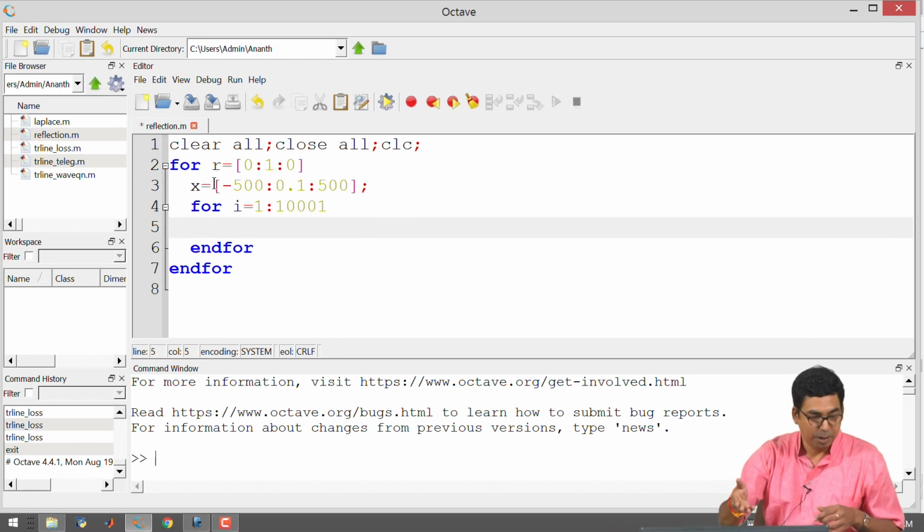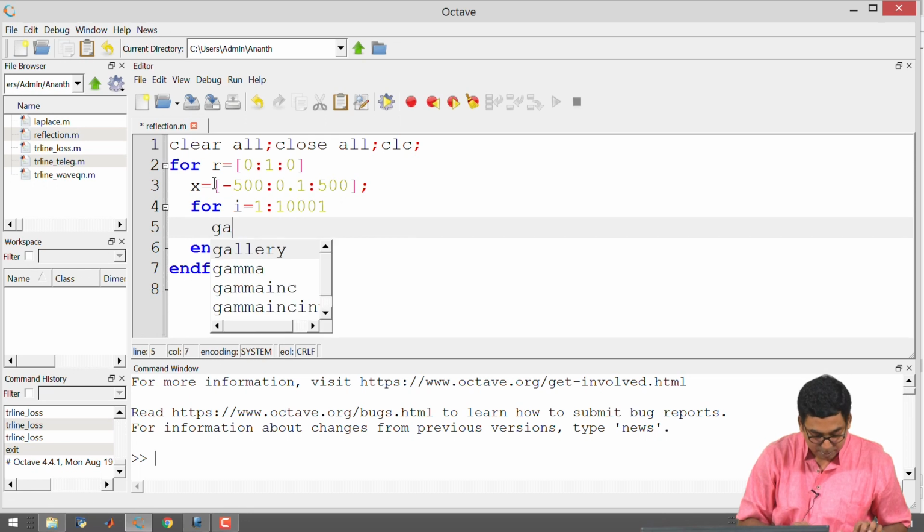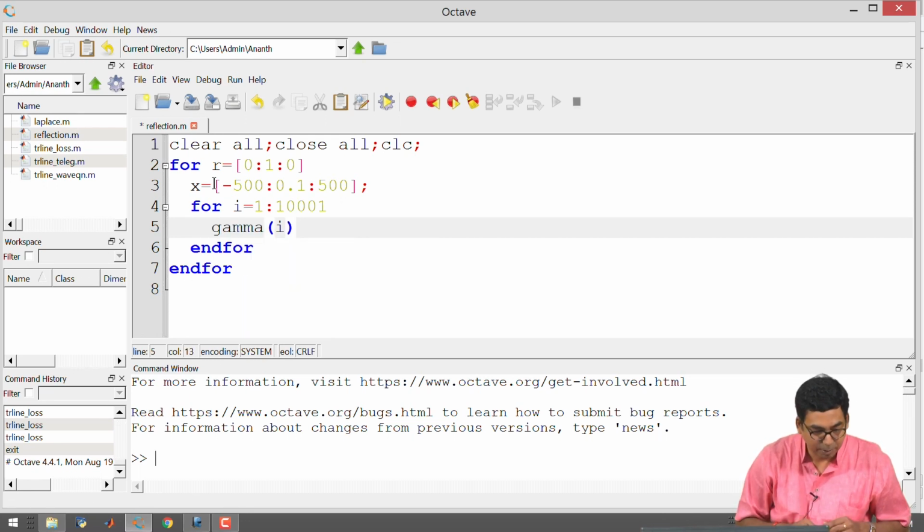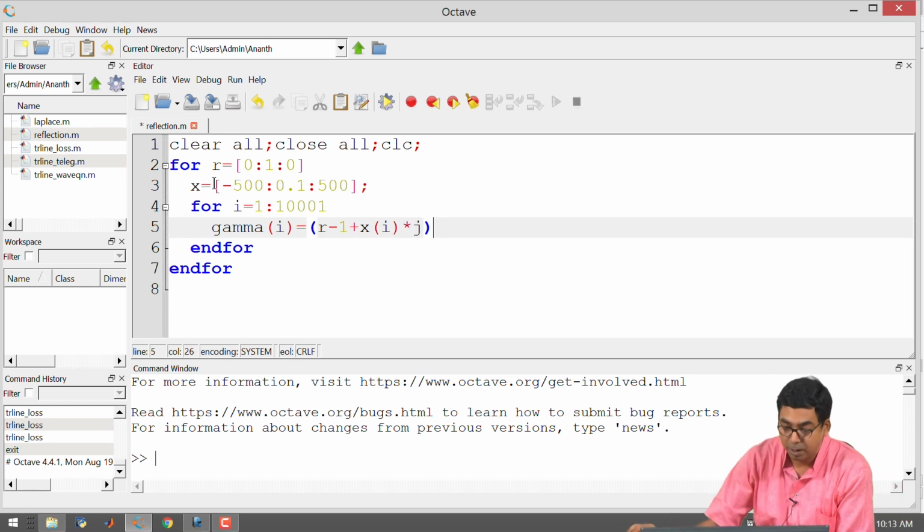Okay. So, I am just going to use the formula that we had. I am going to build a gamma vector, which is equal to R, let me explain this in a second.